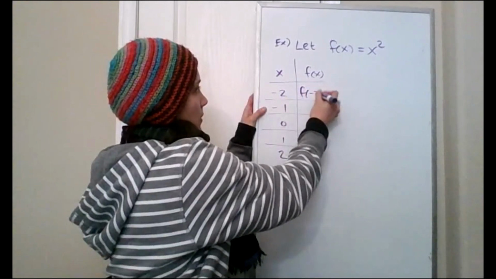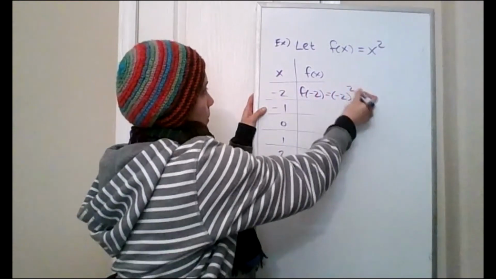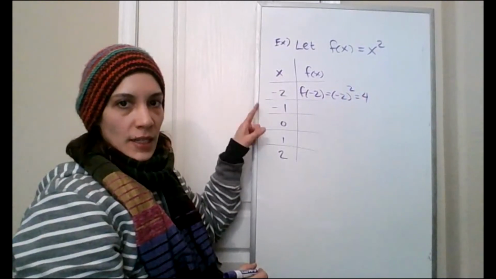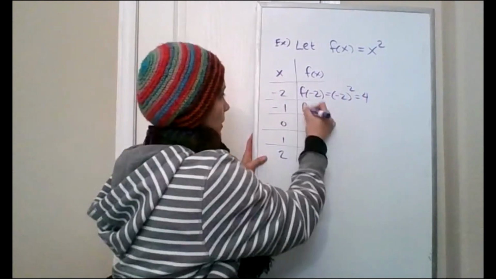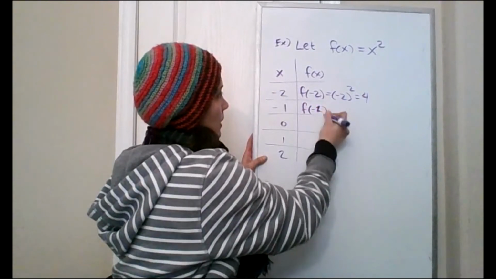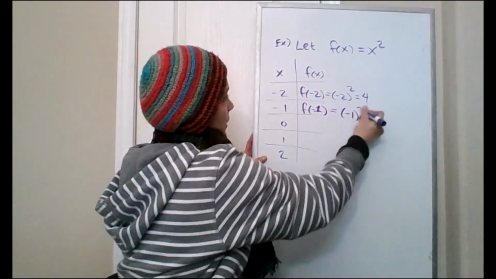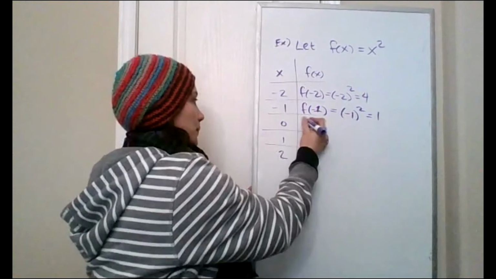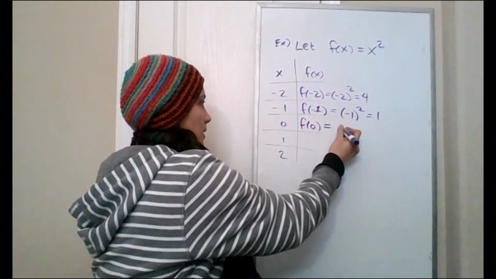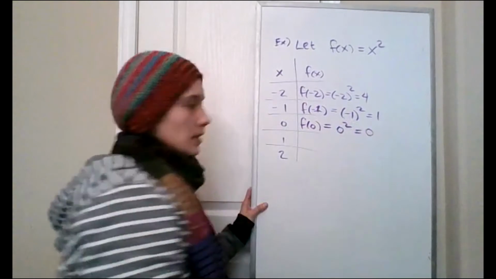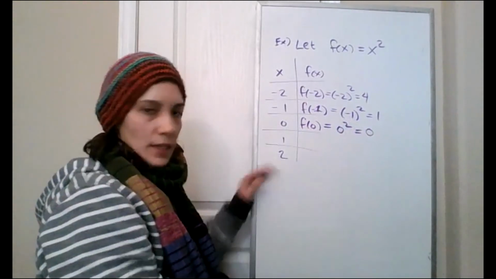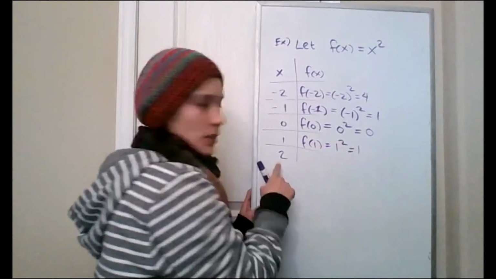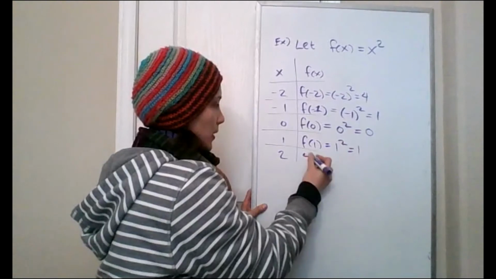So f of -2 is -2 squared. Send in -1, and f takes -1 to -1 squared. f of 0 is 0 squared. Put in 1, find f of 1. And then 2 goes to 2 squared, which is going to be 4.